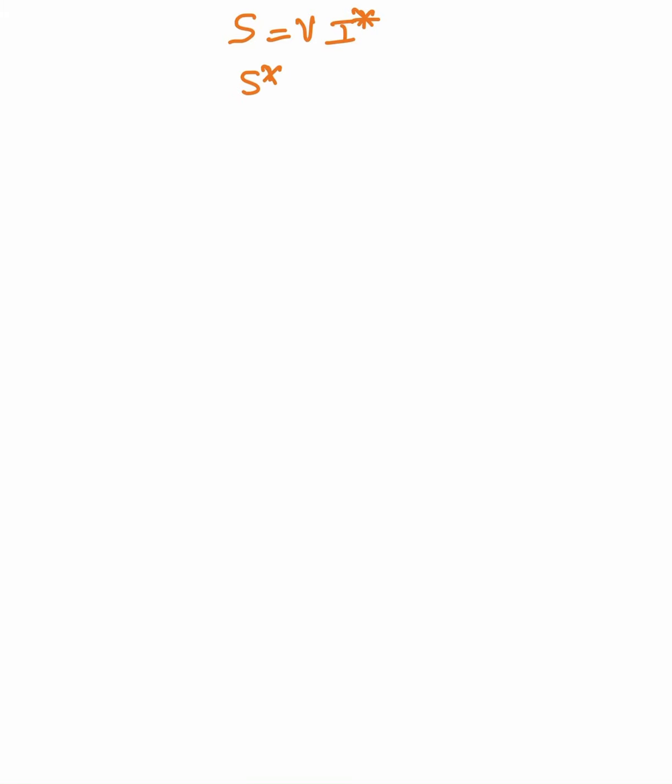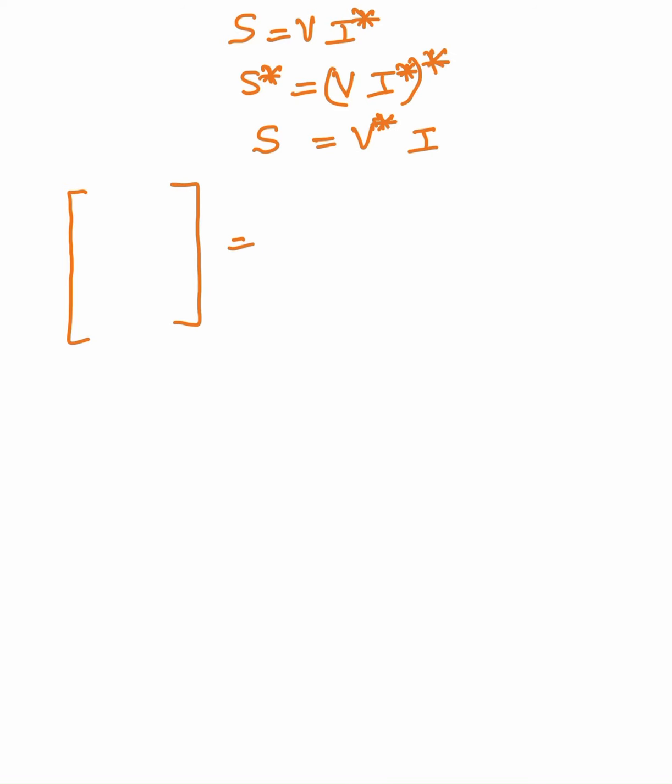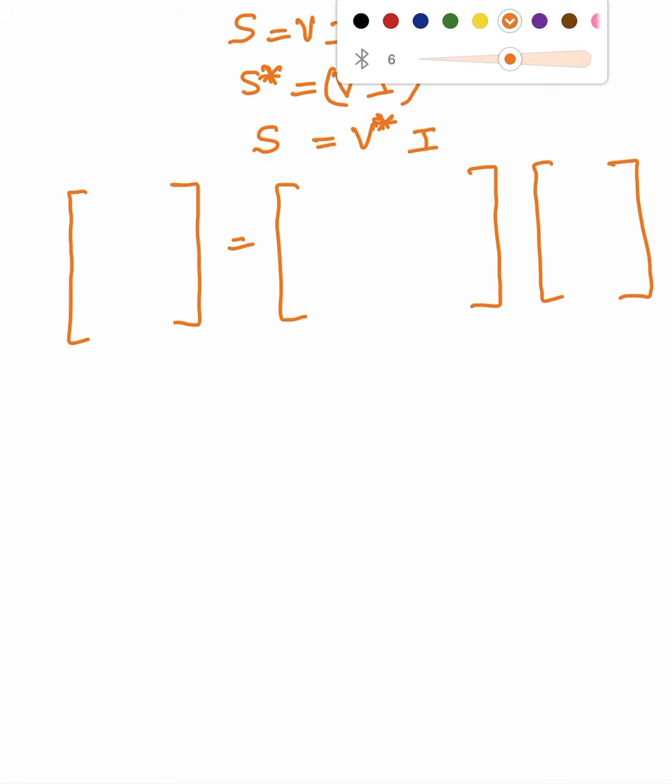So S conjugate is equal to V conjugate into I. Then you can take the matrix form and calculate all the values.